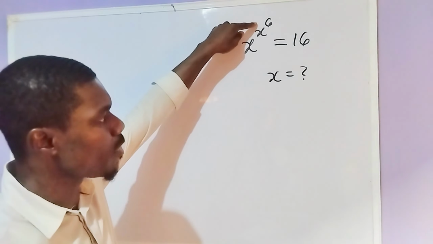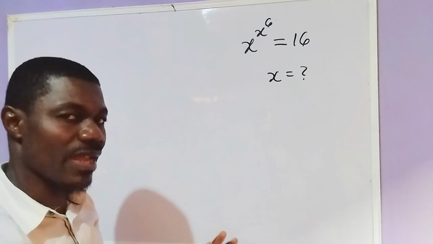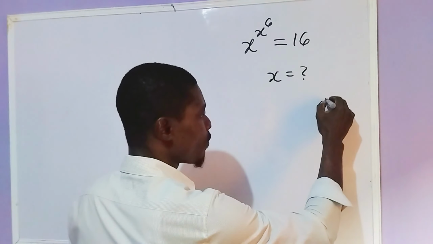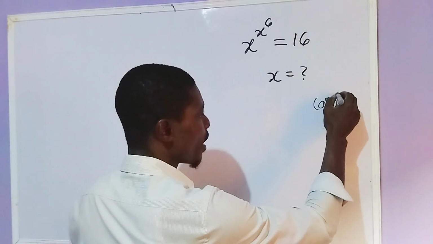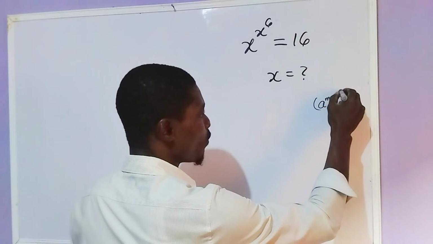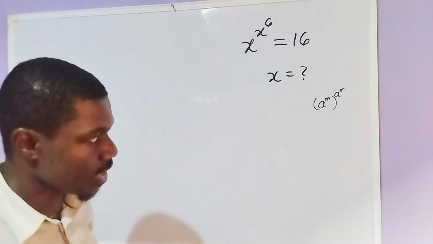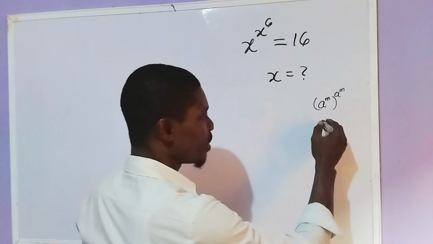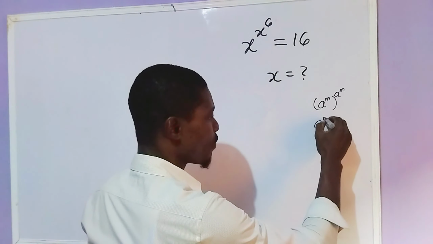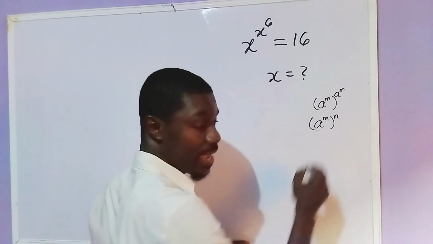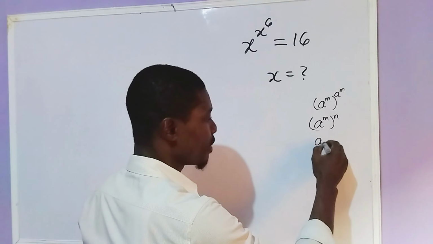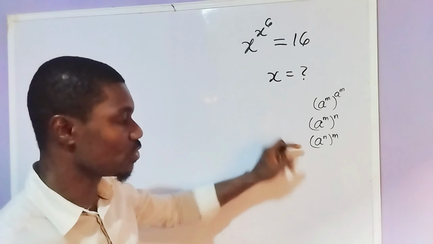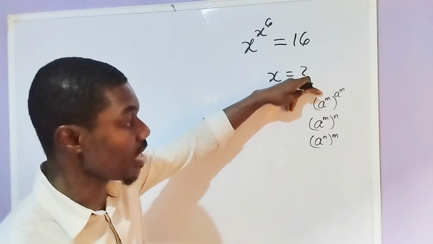The reason I'm raising to the power of 6 is that I want an exponent in this pattern: a raised to the power of m, raised to the power of n, can also be a raised to the power of n, raised to the power of m. Let us just maintain this truth. Now, this is our goal for the left hand side.